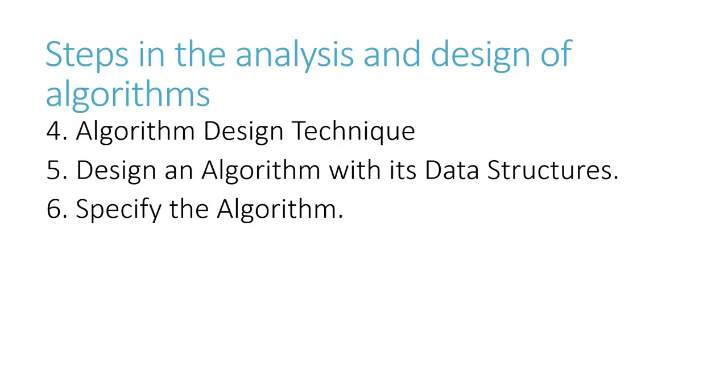The next step is to specify the algorithm. We can specify an algorithm in two ways, pseudocode or flowchart. Your previous computing classes have already introduced flowcharts. It is a tool for visualizing your algorithm using shapes, and the use of this tool is to emphasize the flow of the algorithm.